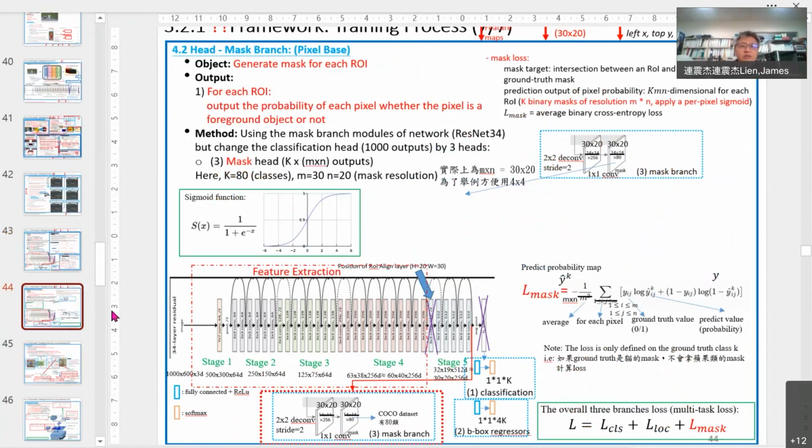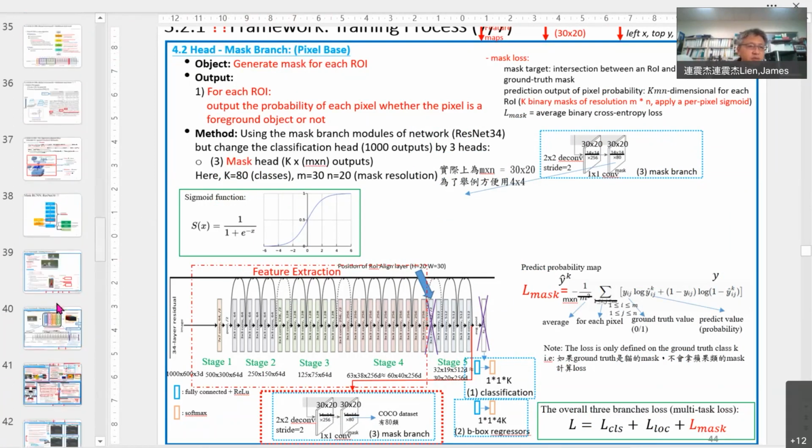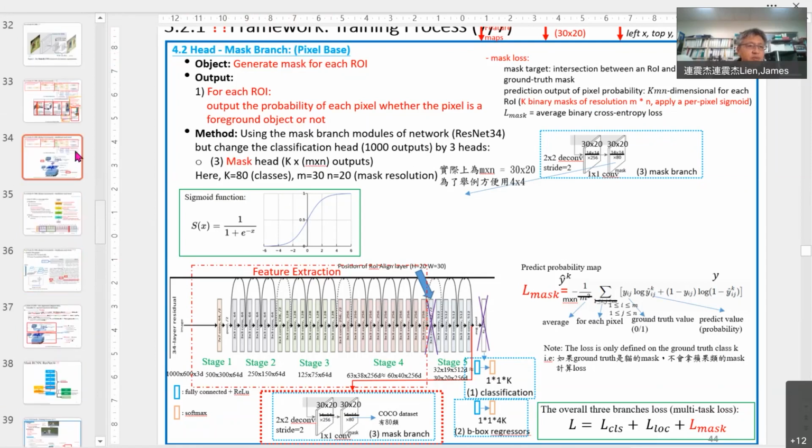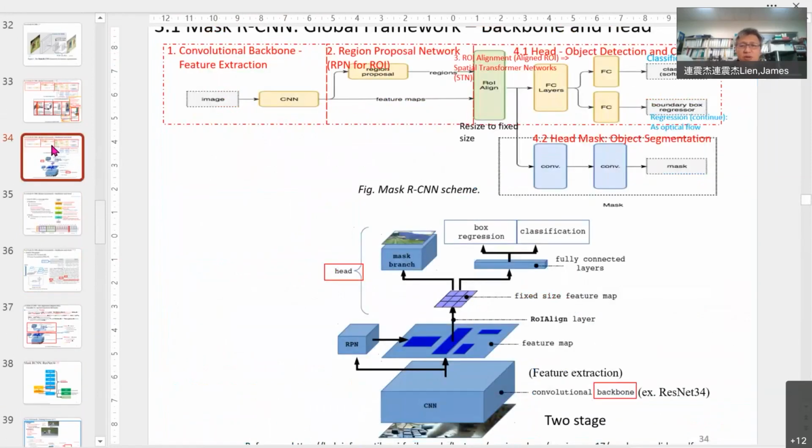And here we talk about mask. Be careful, the original on page 34 is the original Faster RCNN, which includes classification and bounding box.